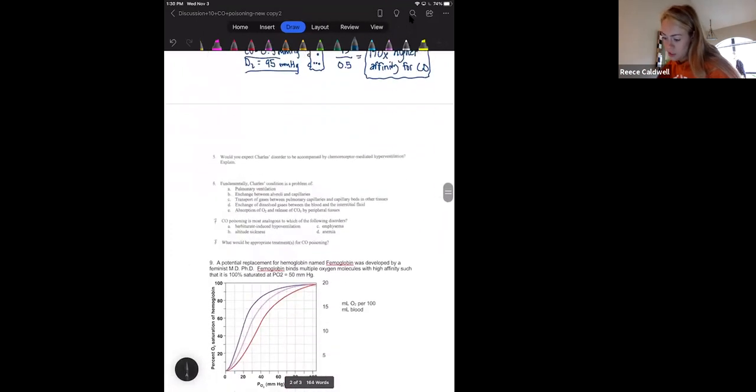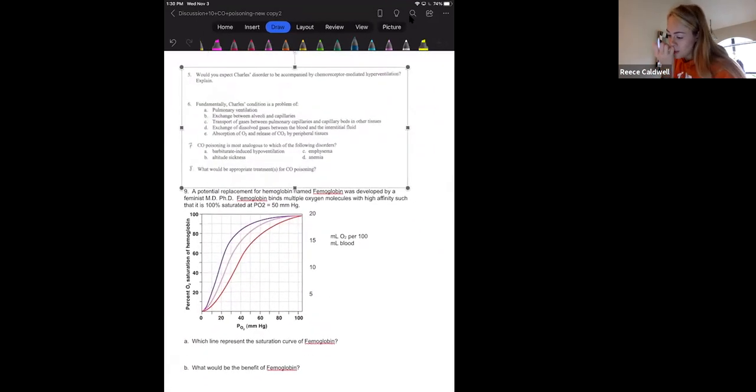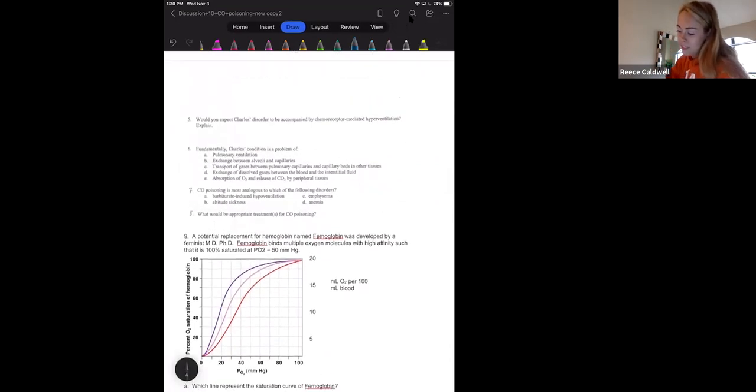All right, cool. So number 5, would you expect Charles' disorder to be accompanied by chemoreceptor-mediated hyperventilation? Before we hop into this, let's just talk about chemoreceptors. Chemoreceptors detect 3 things in our body: CO2 levels, O2 levels, and pH, aka hydrogen concentration.